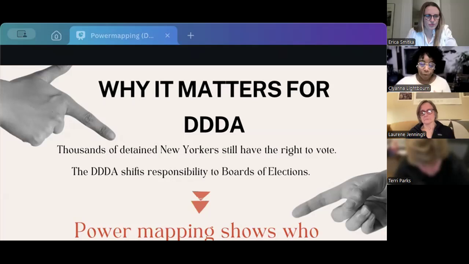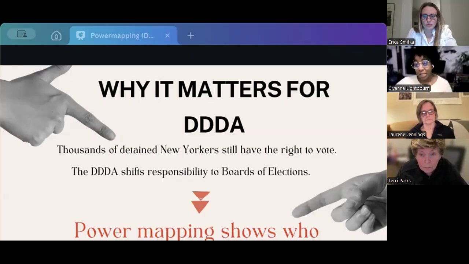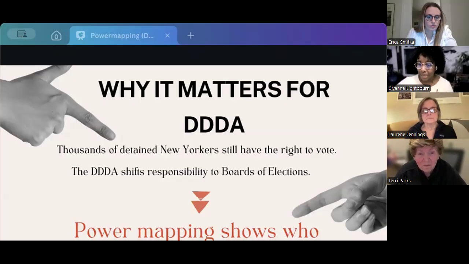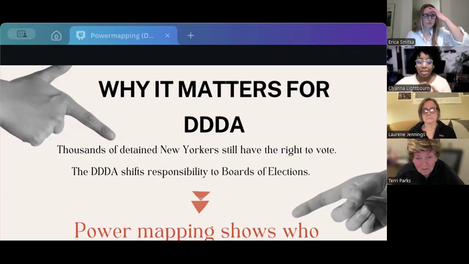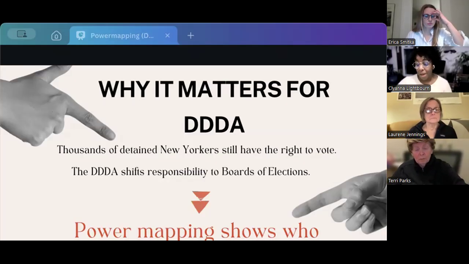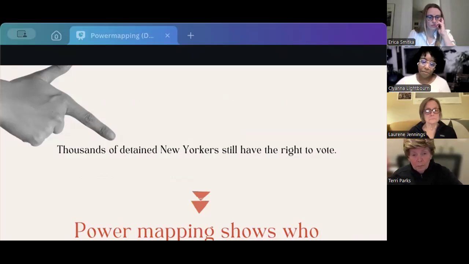We're putting the accountability in the hands of the voting experts of our state. In order to pass this legislation, we need to understand who supports that shift, who resists it, and who is undecided when it comes to making voting in jail accessible. That's what power mapping helps us see.